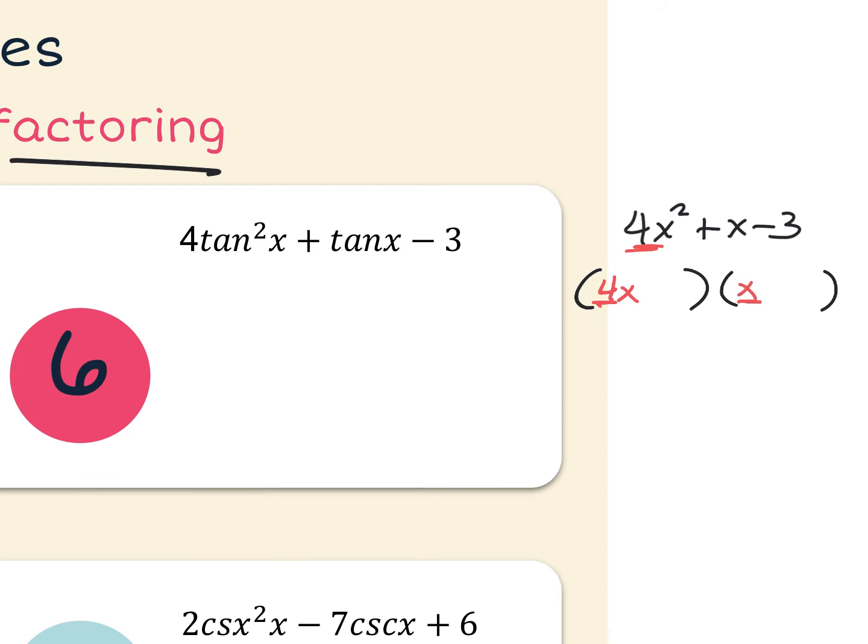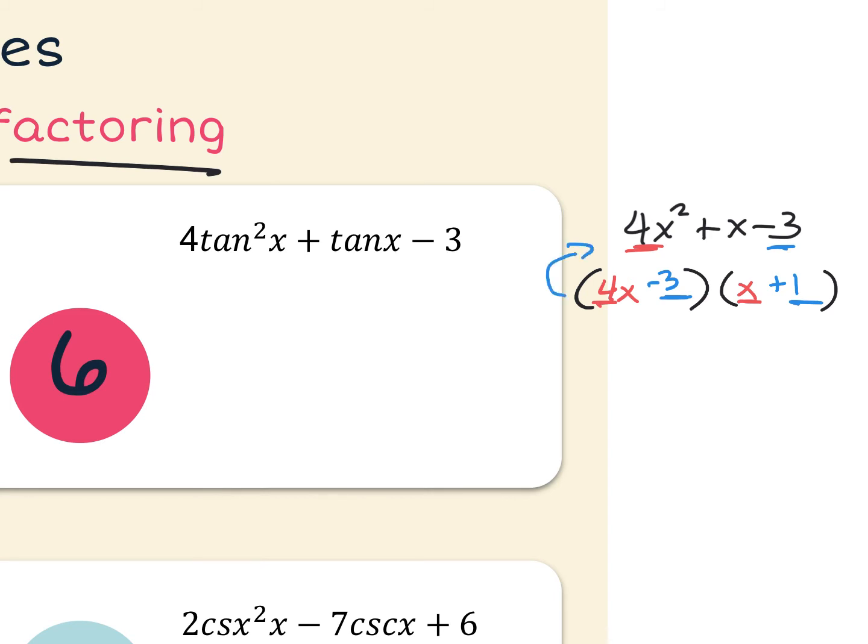And then in my second spot, I'm listing the factors of -3. And there's only either 1 times -3 or -1 times +3. And again, you're going to FOIL them to figure out which one works. So if you place that in there like that, you have to do a quick FOIL, make sure it goes back to this.